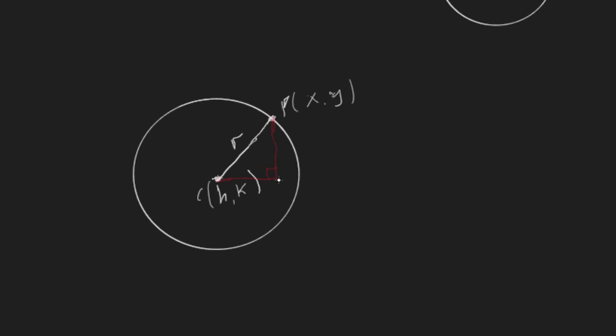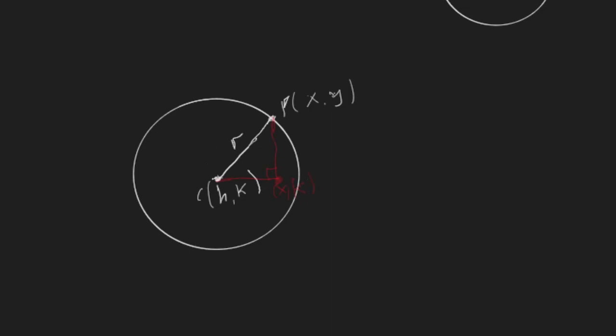Let's find this point. We can say it is x, k, because this x will be the same as this one, and the y will be the k.